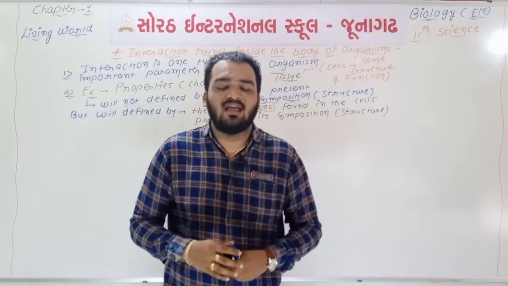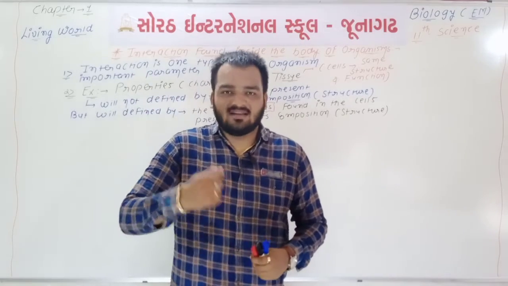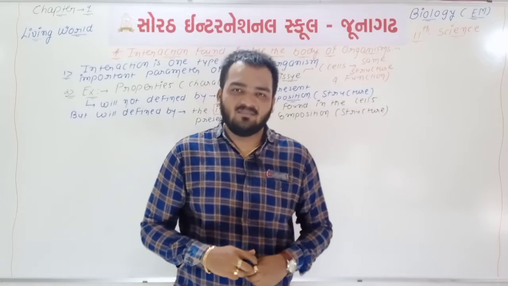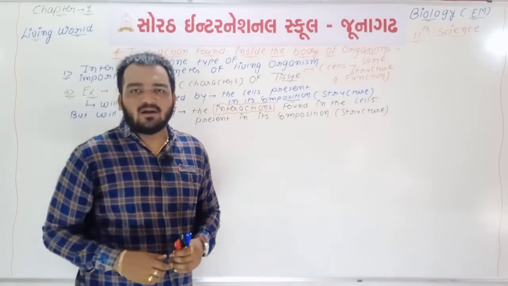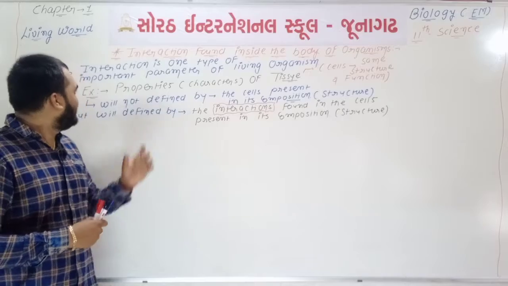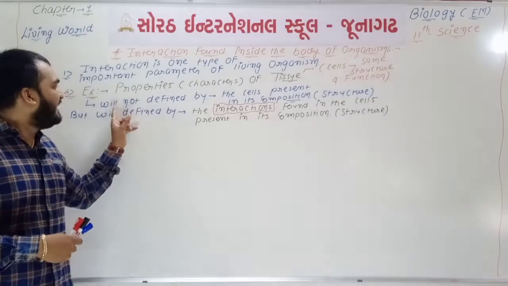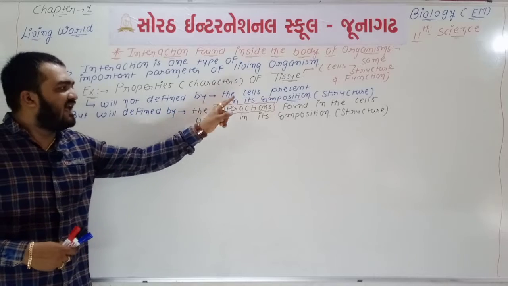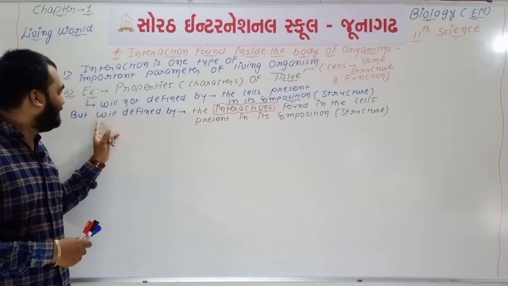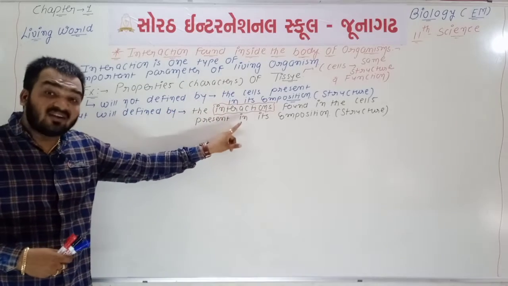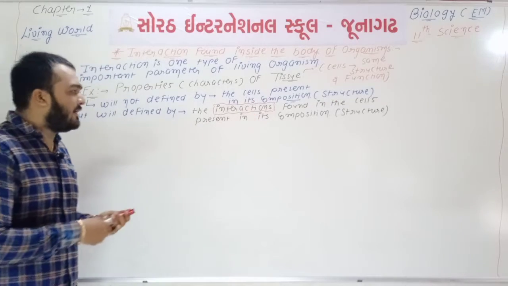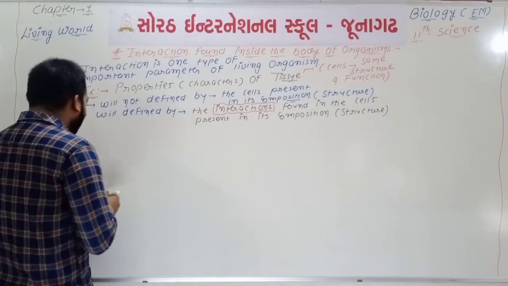From all these interactions we take the conclusion that our Indian cricket team is much stronger compared to other teams. So the properties or characters of tissue will not be defined by the cells present in its composition, but by the interactions found in the particular cells present in its composition.